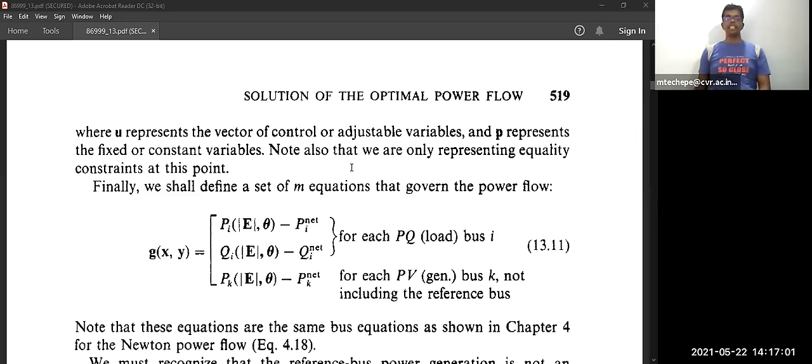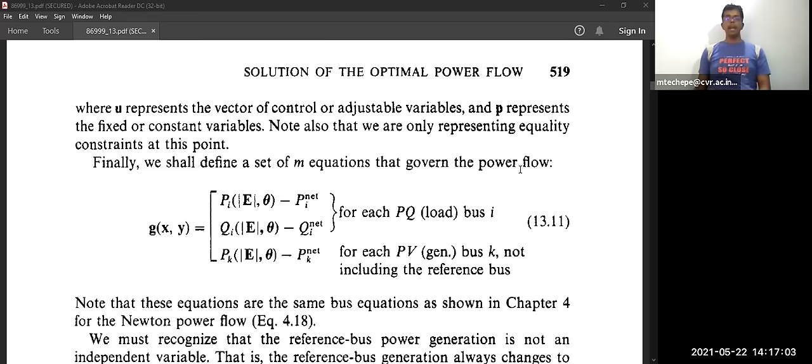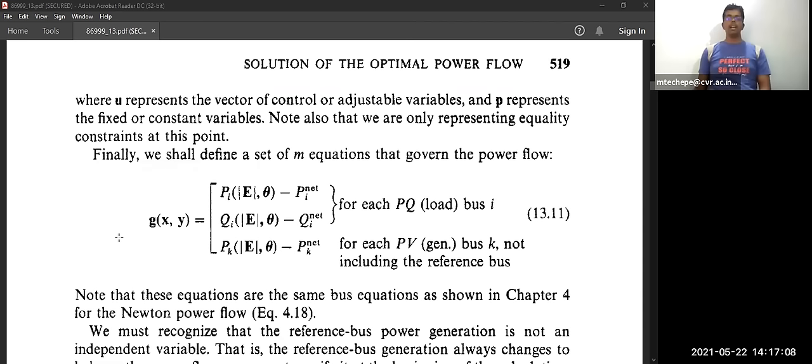Finally, we shall divide this set of m equations that govern the power flow as g of x comma y, equal to Pi of e comma theta minus Pi net, Qi of e comma theta minus Qi net for each PQ, that is load bus i.